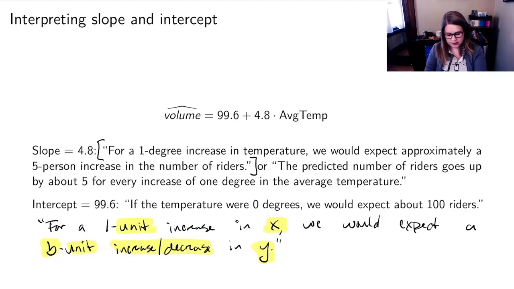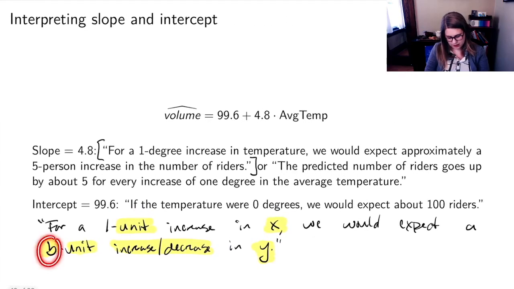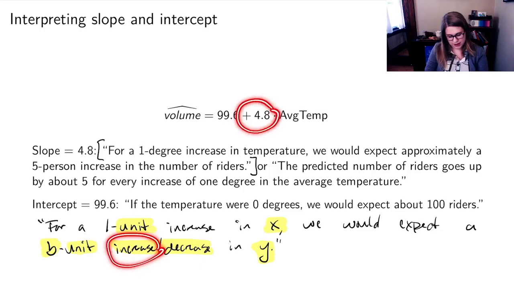So in this case, I know that the units of x are degrees. So for a 1 degree increase in average temperature, we would expect a 4.8, or you could round to 5, person increase, because that's the units for y. And I know it's an increase because this is a positive slope.